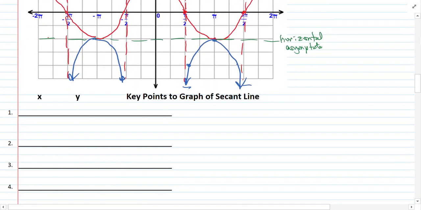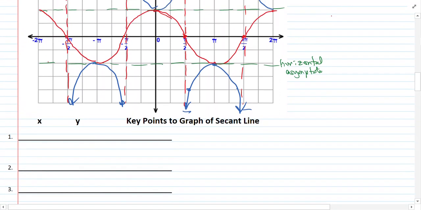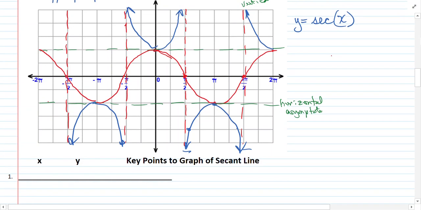So what are some key points to the secant line? First off, it has a period. And the period is what? What is that period for? It's 2 pi.